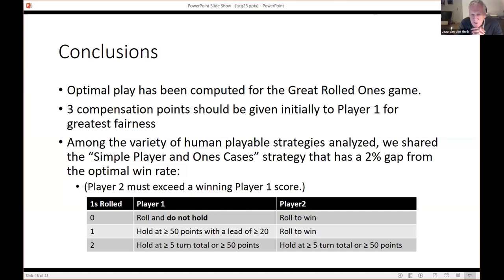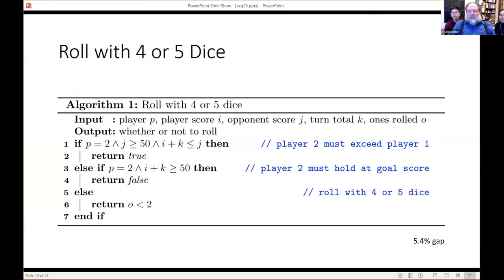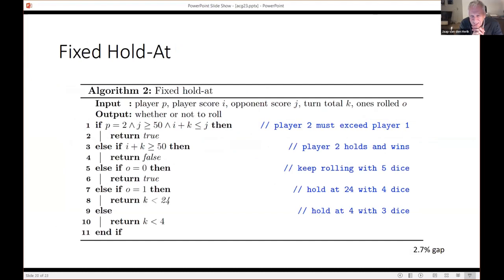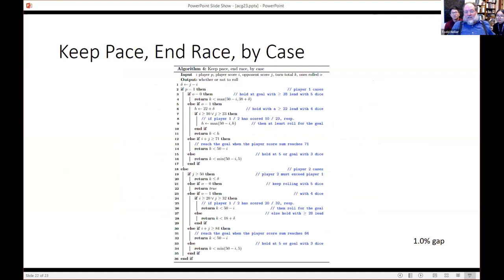And the complexity, is that easily computable or not? Well, by complexity, I mean that if we look at different policies and put them in code, the simplest is just always roll with 4 or 5 dice, holding when you win. Having fixed values that you hold at is more complex. The one that Linh described is a simple player in one's cases, and this one is in the paper.